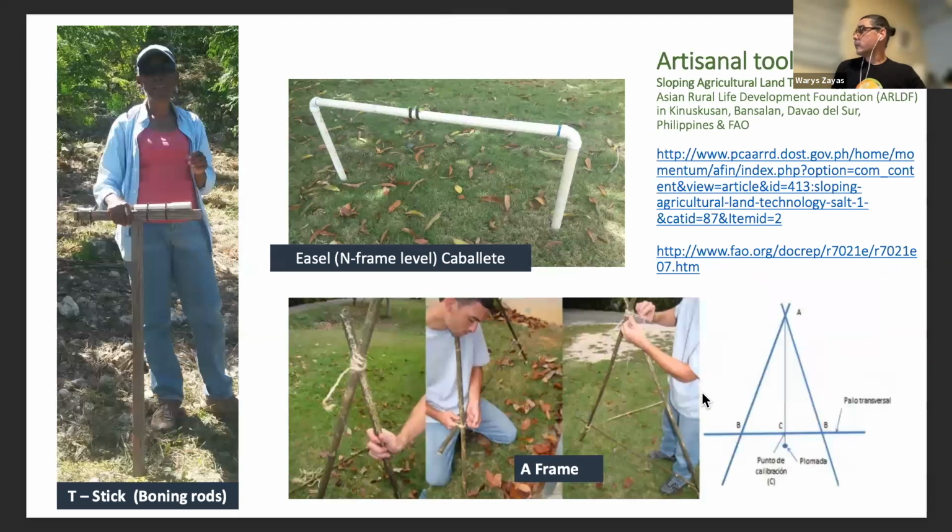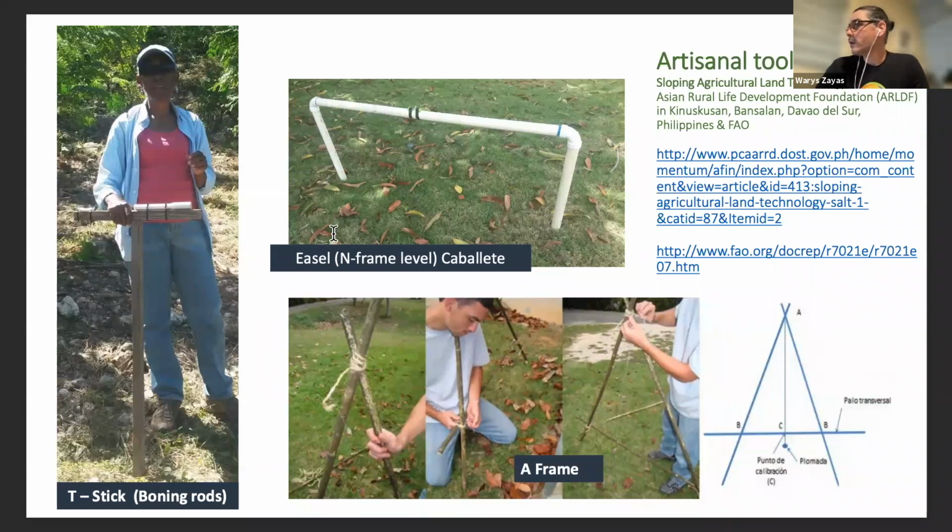So, okay, today the tools we will be talking about are two of the most efficient tools to determine and mark contour lines, right? The first one is this that we have here, named the T-stick, obviously because of its form. Sometimes you can find this in other literature named the boning rod.